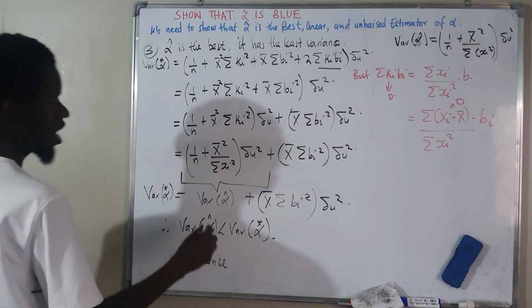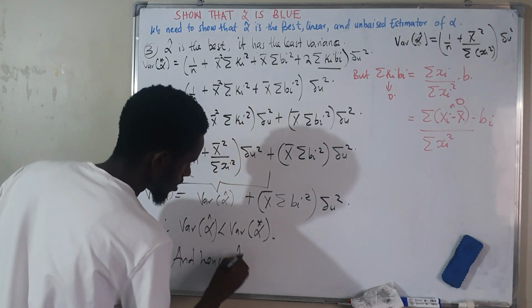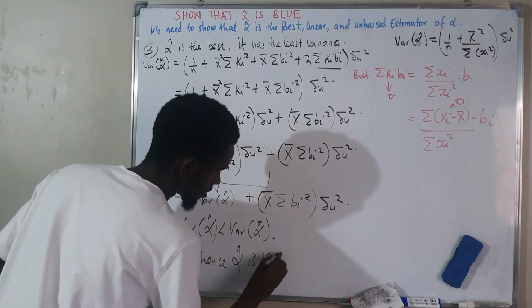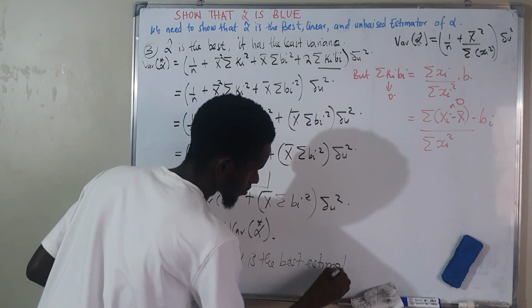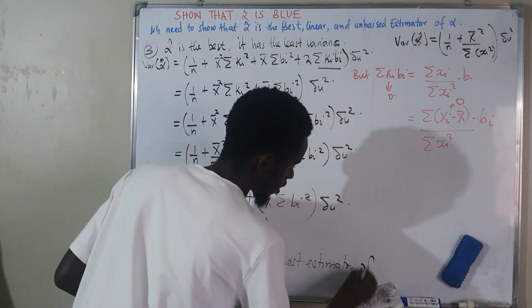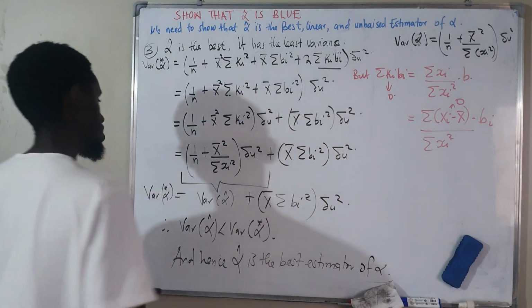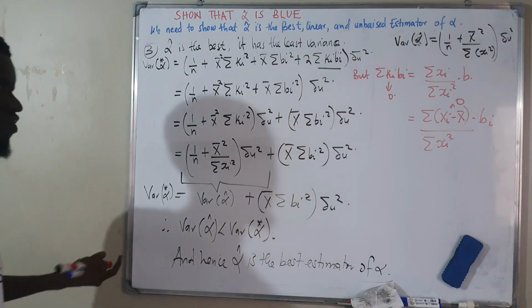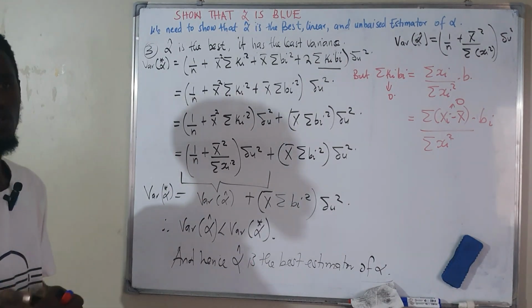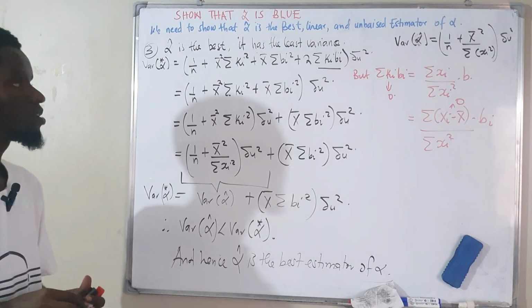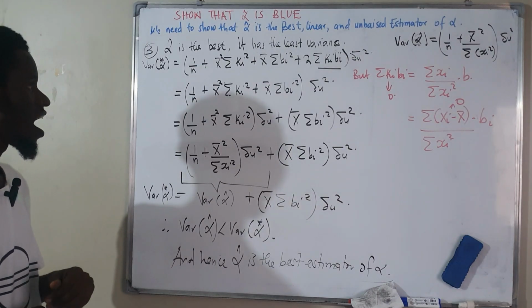Hence alpha hat is the best estimator of alpha, as you've seen with ease. I think for this we have been observing all of us together. Members, for any questions, just feel free to reach out to me. I will easily explain.